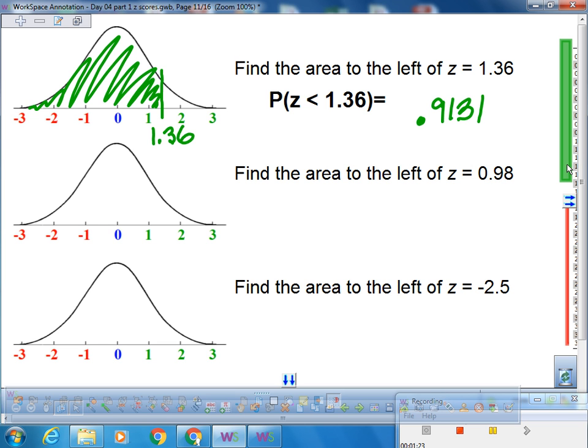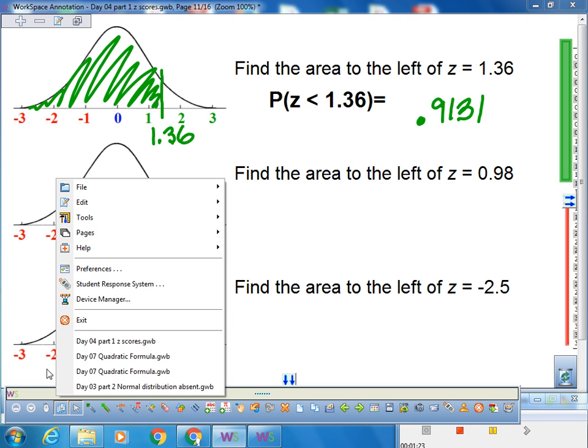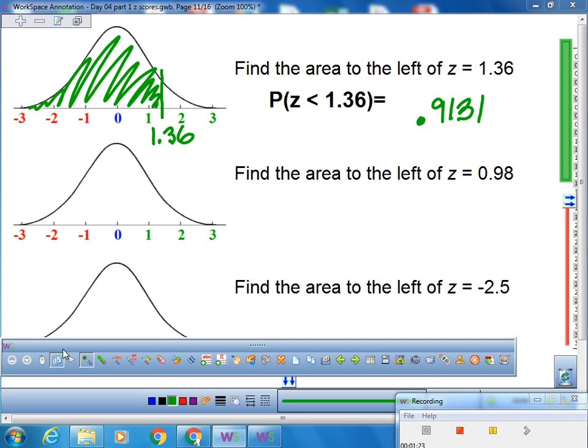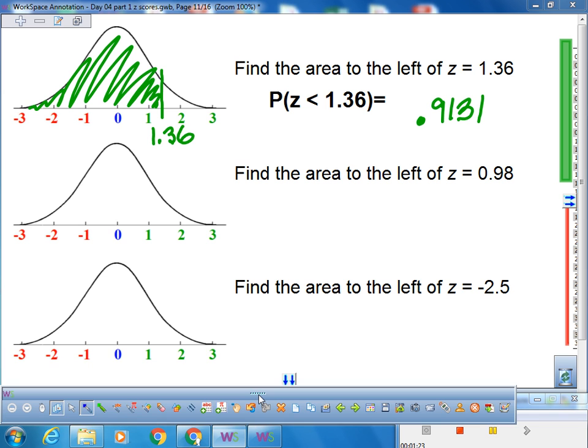Andrew, come over here. Take one of these, the Z tables. All right, find the area to the left of z equal to 0.98. Try it, guys, 0.98.